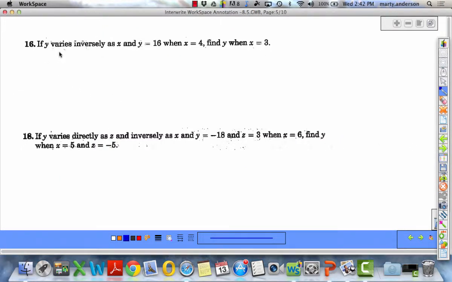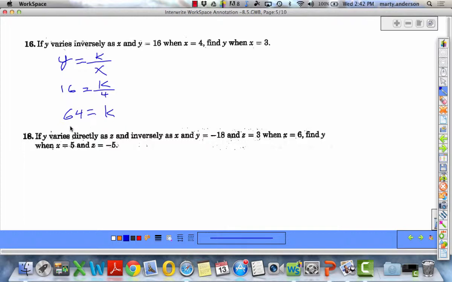Step 2, plug in the known values with your new k, and you're good to go. Number 16. Y varies inversely as x. Well, y equals k over x. We know that's the formula for inverse because k is my constant of variation, and you have to divide because they said inverse. So again, y is 16 and x is 4. Solve for k. 16 times 4 is 64.